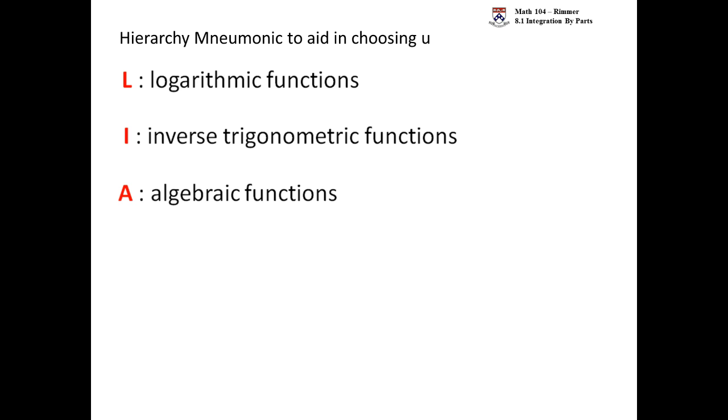In the absence of logarithmic functions, next on the hierarchy is inverse trig functions. If there are inverse trig functions and no log functions, then you should choose u to be the inverse trig functions. Okay. In the absence of log functions and inverse trig functions, then you should choose u to be an algebraic function. Now, you might not have seen this written like this.